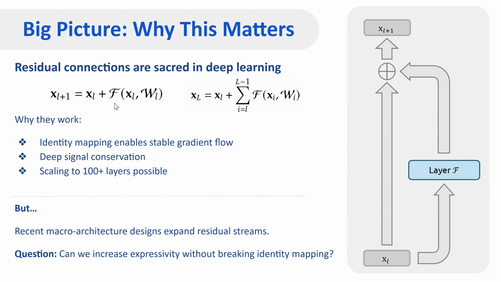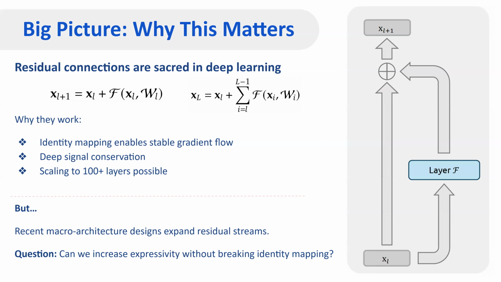Here's the equation. As you can see, if we make this part zero, it's an identity mapping, and it enables the gradient flow easily. It's stable, and if we stack a couple of these layers on top of each other, the gradient is stable and it's actually conserving deep signals.